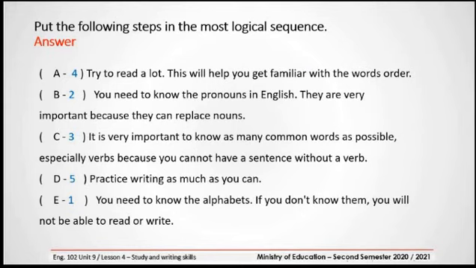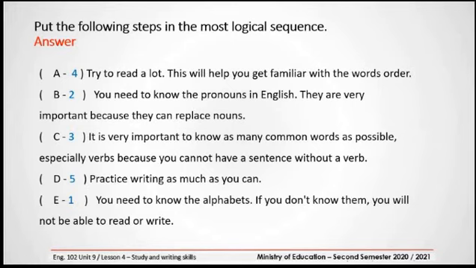You know the common words in English and especially verbs because you cannot have a sentence without a verb. So you see, there is logic behind it. You know the alphabets, you know the pronouns, and then you know the most common words in English, and you know the most common verbs in English.